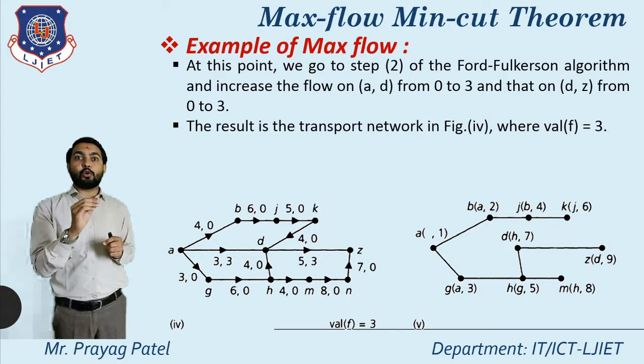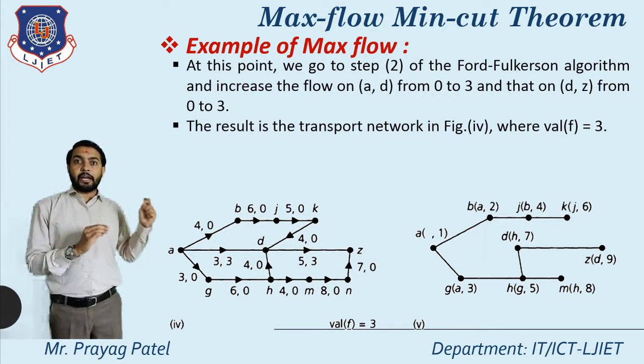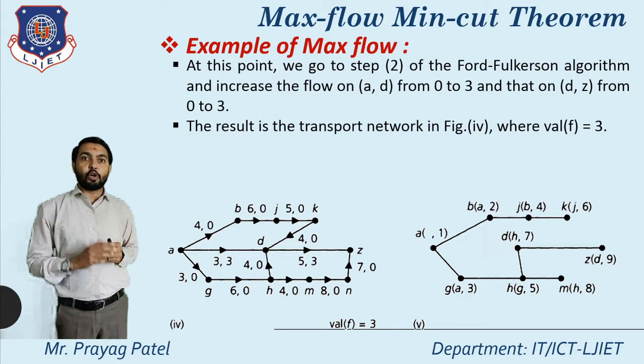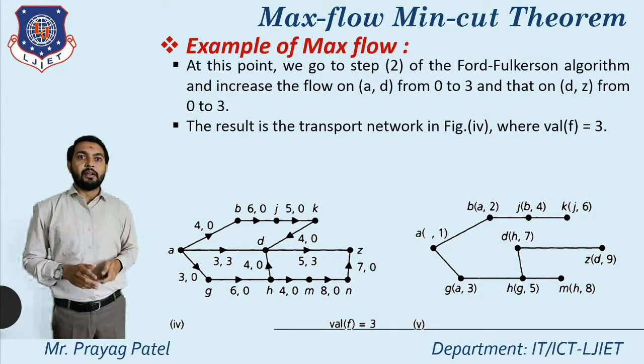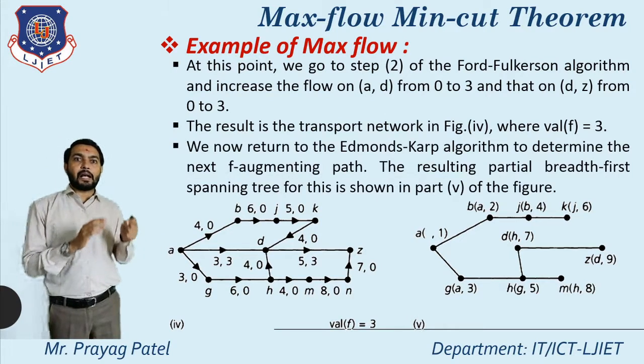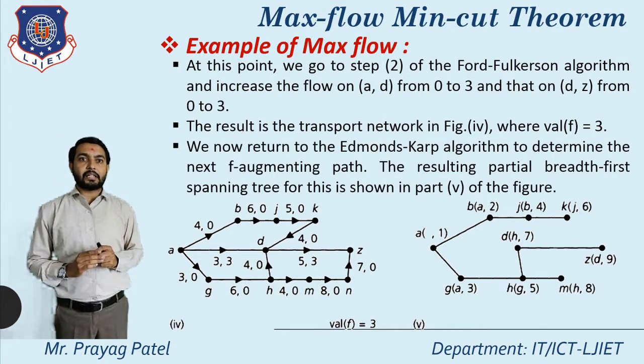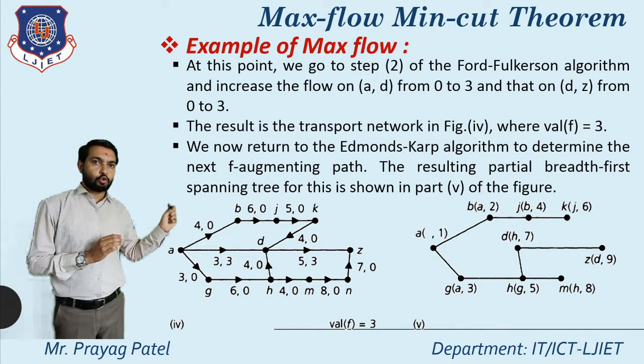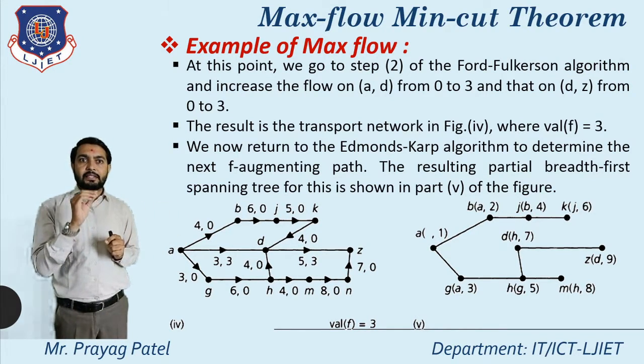After that, from K is any path possible? K to D path is available, but it is not usable because we already visited node D. That means we cannot use the path from K to D. That's why we visit the node D to Z. So D to Z, Z is labeled D9.